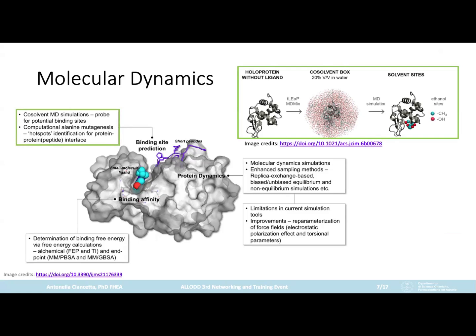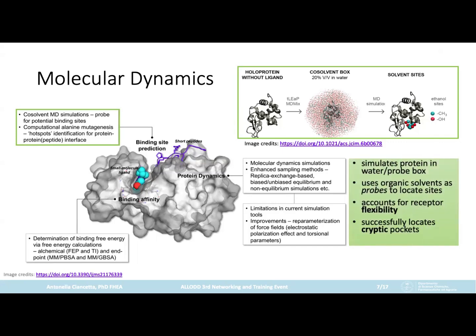The organic cosolvents are chosen so that they can sample different types of interactions that protein residues can establish with the ligand. By analyzing the trajectory and looking at the sites where these probes tend to accumulate and interact favorably with protein residues, we can locate the so-called hotspots and map them as allosteric binding sites.